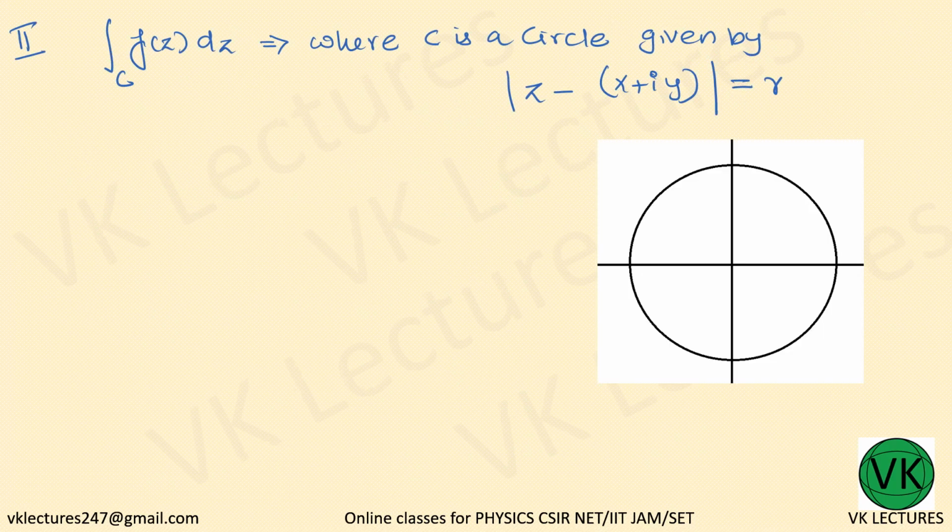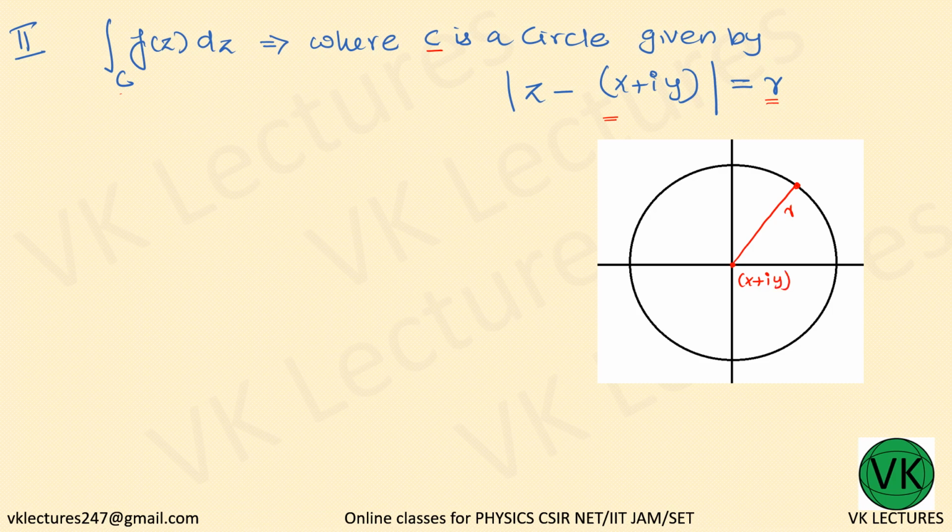Here we have the second type, integral over c of f of z dz, where c is the circle with mod of z minus (x plus iy) equal to r. This gives the magnitude and that is equal to r. Okay, now some points over here, this is the r, and this point is x plus iy.